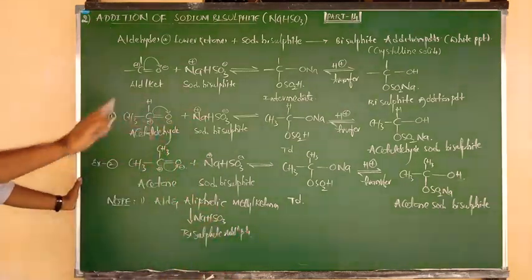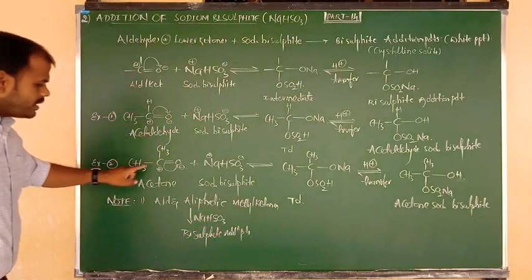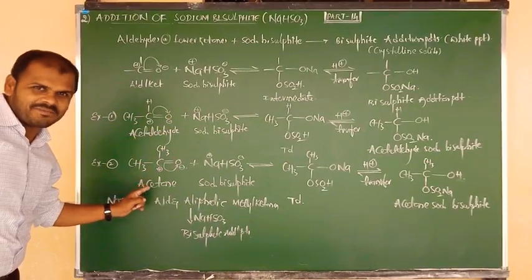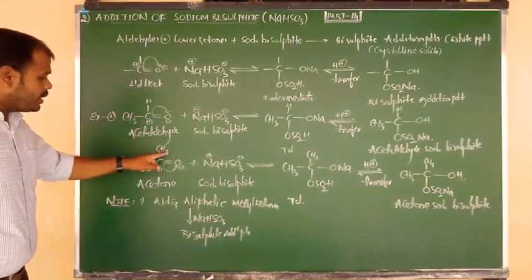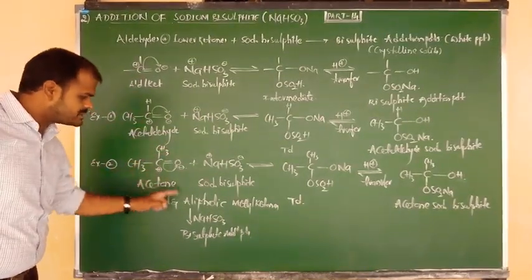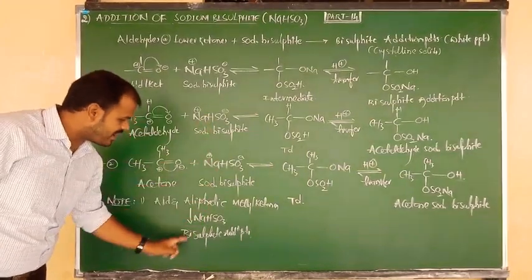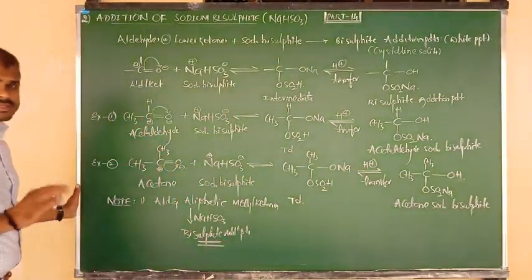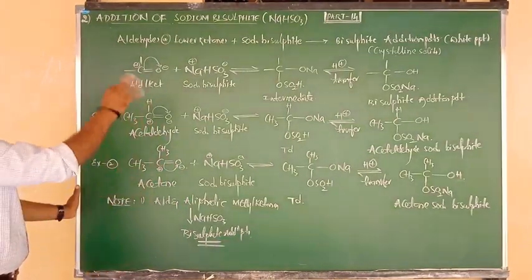Same as the two examples: aldehydes and lower members of aliphatic methyl ketones, like dimethyl ketone. They form the bisulfite addition products. This is note point 1.